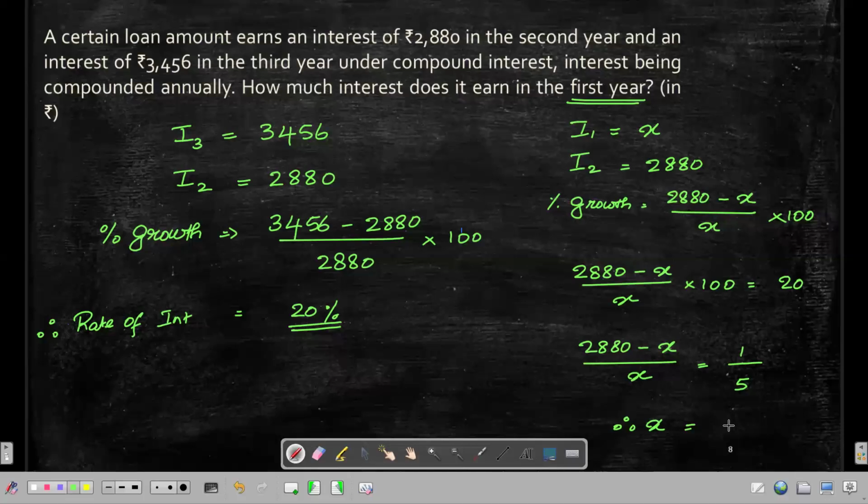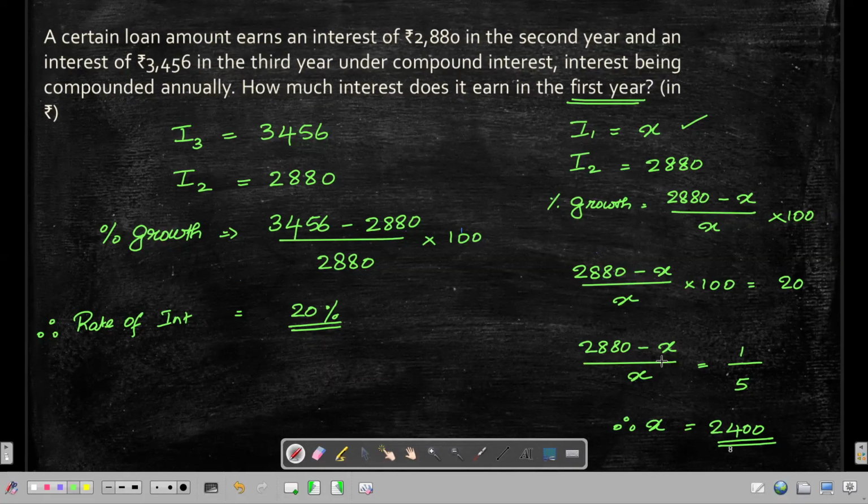The X value will come here as 2400. They are asking how much is the interest it earns in the first year, X. That value is 2400.